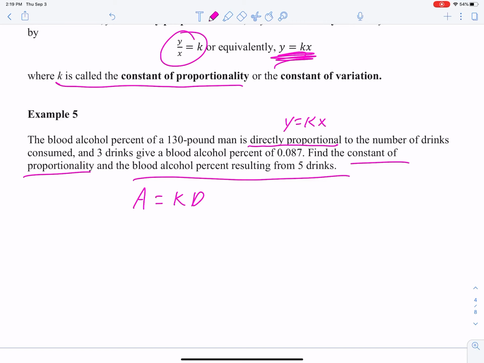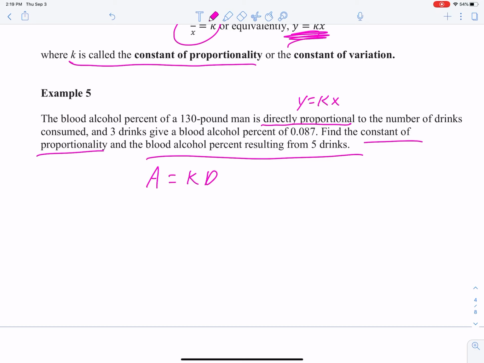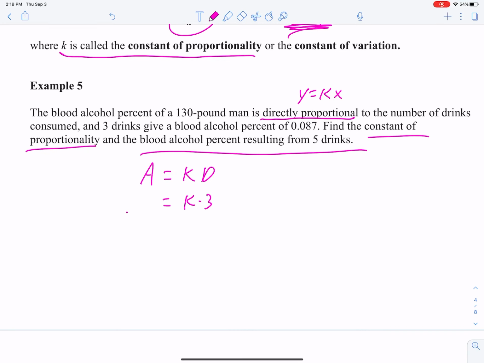Alcohol level is proportional to the number of drinks. So they told us, for 3 drinks, so K times 3 drinks would give a blood alcohol percent of 0.087. Okay, so we want to find K. So simply divide by 3 on both sides. So that constant of proportionality is 0.029.